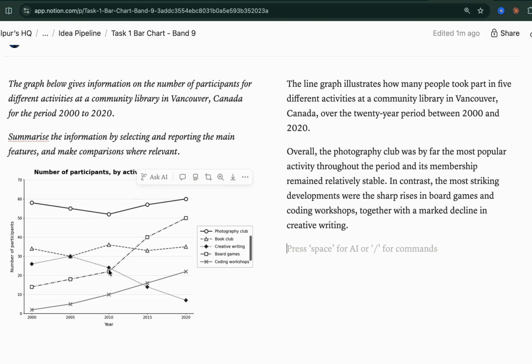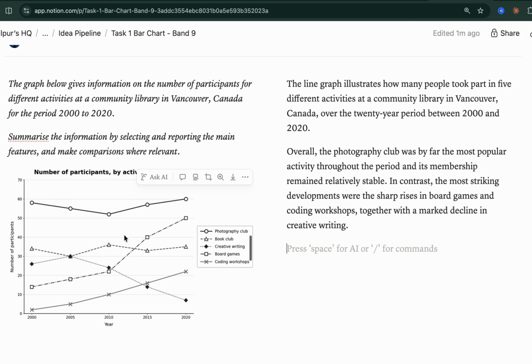Like, we've got these 5 lines, right? Let's look at some similarities among these lines. And we already know that photography club is the highest, right? But I don't care if it is the highest or not. I need to look for some sort of similarity that I can group the lines in, right?